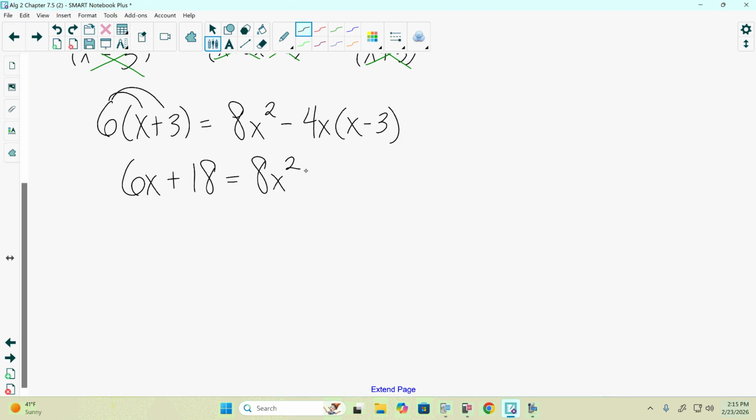Now our 8x squared, we don't have anything being multiplied to it, nothing we need to reduce there yet. But we do need to distribute this negative 4x. Negative 4x times x is going to give us negative 4x squared. And our negative 4x times negative 3, the negative and negative make a plus. 4 times 3 is 12, and we still have our multiplication of x.